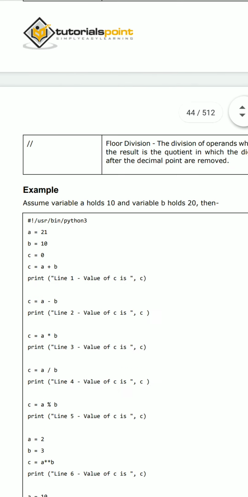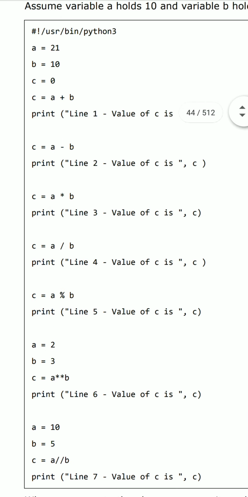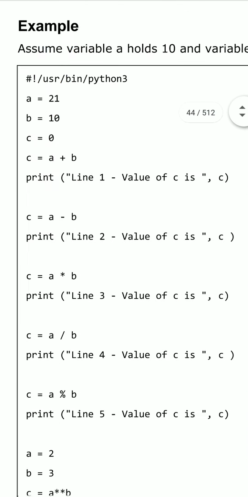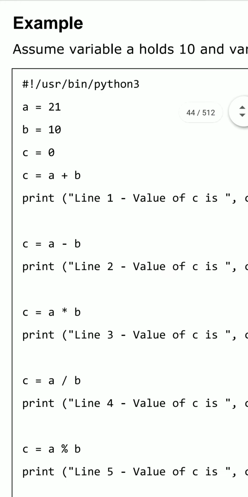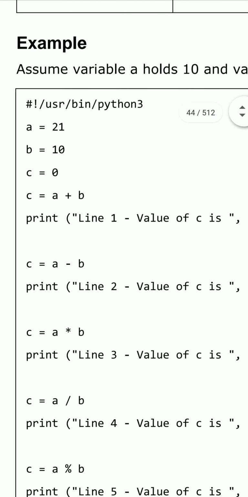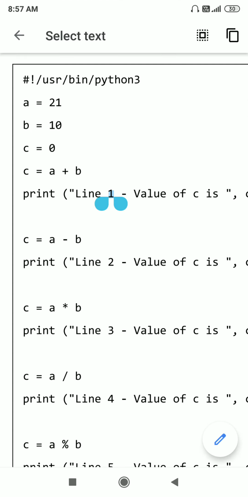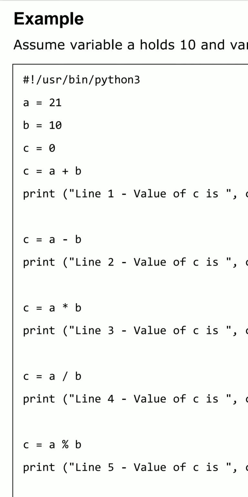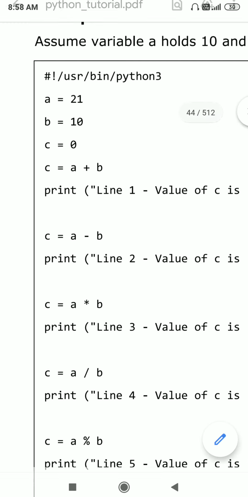Now let's see how we can use these operators in a program. Consider this example, a program written in the Python editor, with the values a equal to 21, b equal to 10, and c equal to 0. First, c equals a plus b: after the addition operation, the resultant value is stored in the variable c, and then c is printed on the output screen.